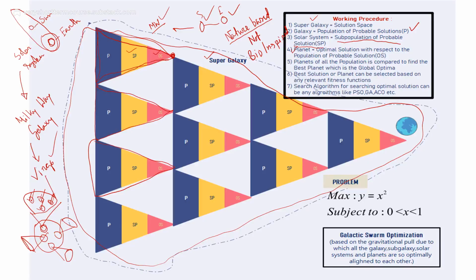Okay? And if I compare those planets with each other, then I will get the best solution of the population. And as there are randomly many populations within a solution space, if I compare all the optimal solutions of those populations, then I can find the best solution among the entire solution space.